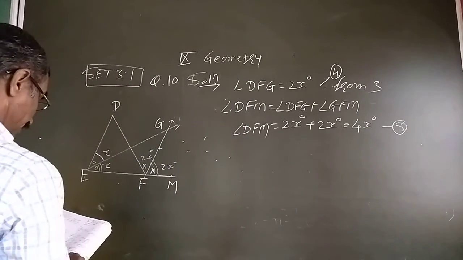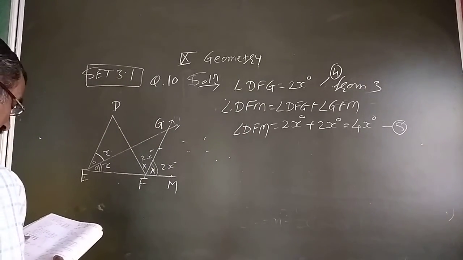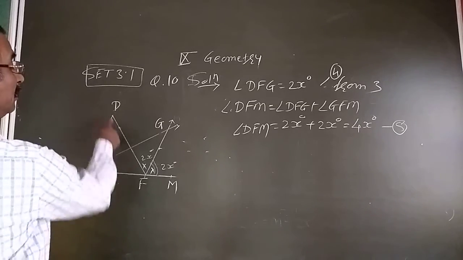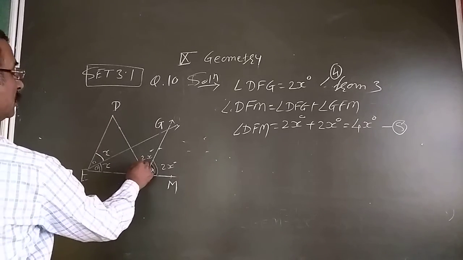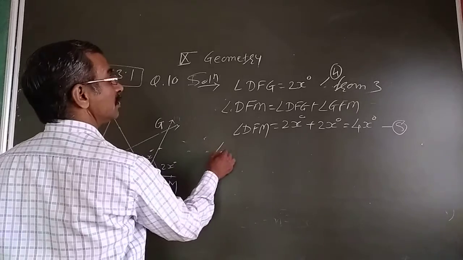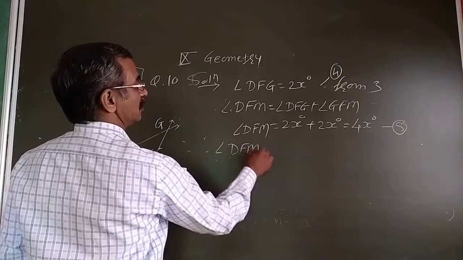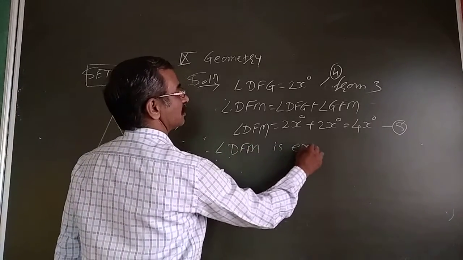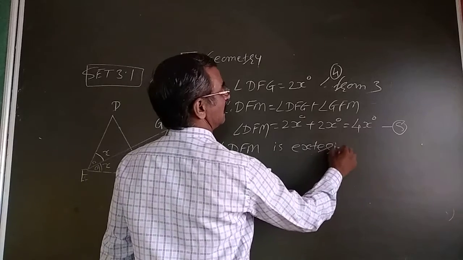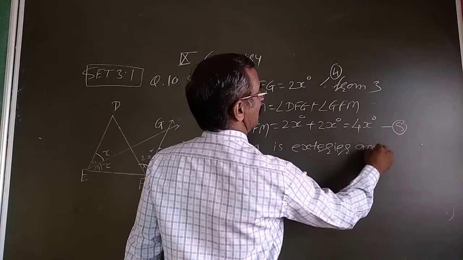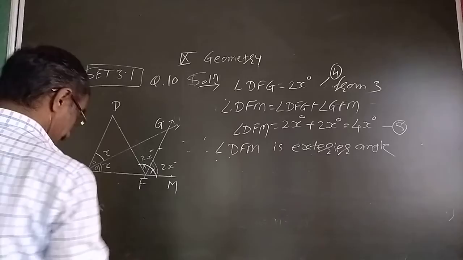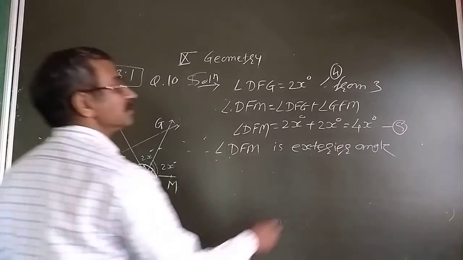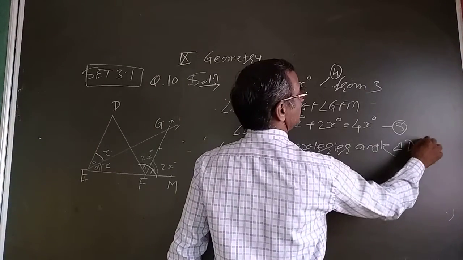Then DFM is an exterior angle. This total angle is the exterior angle of this triangle DEF.